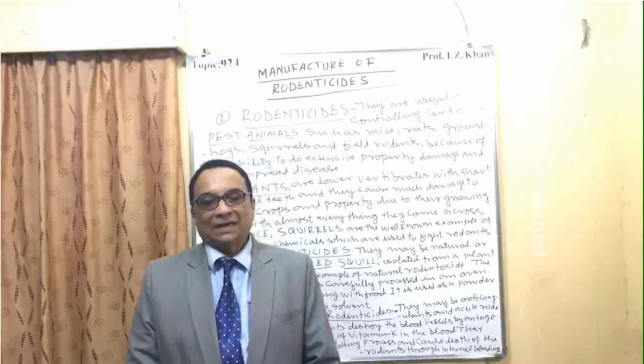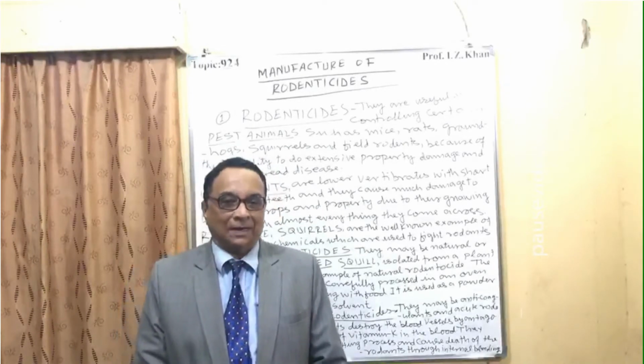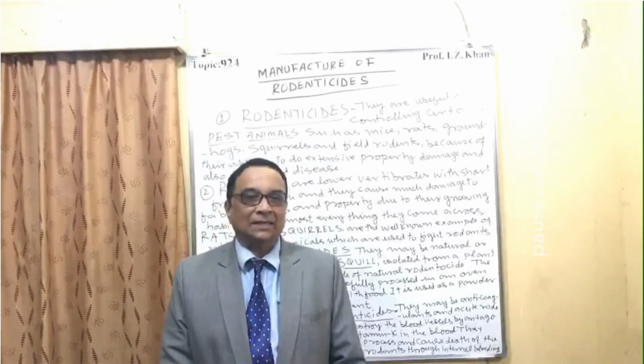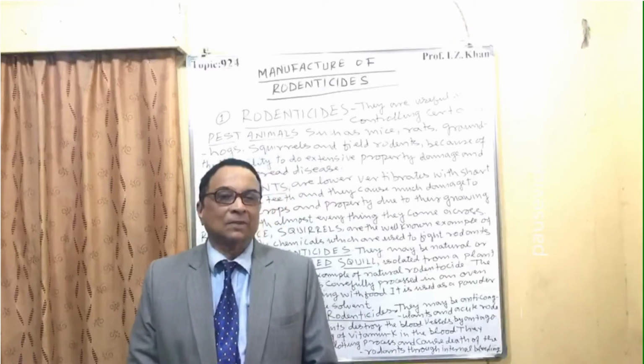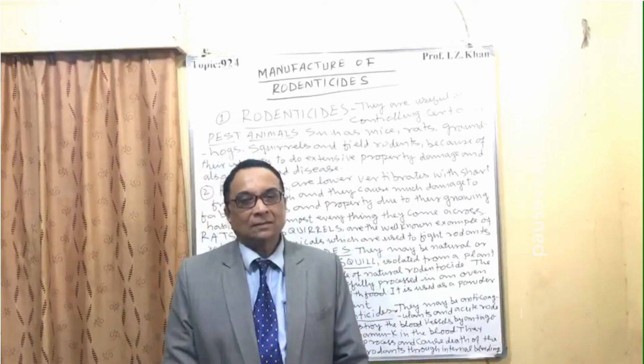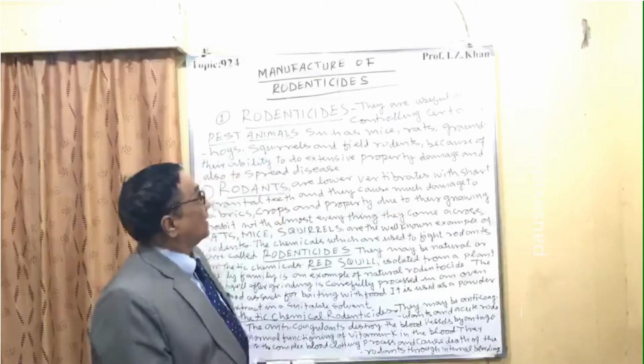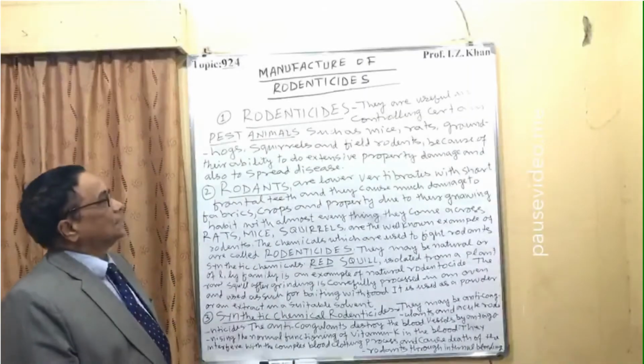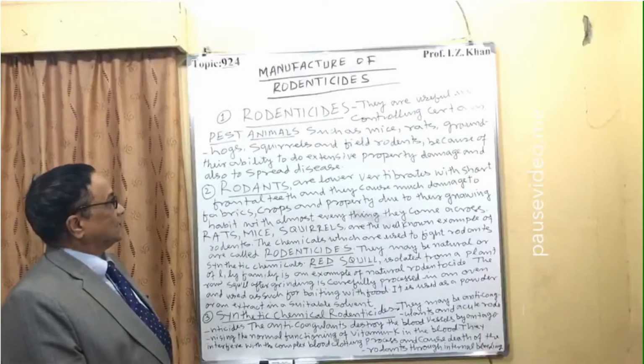rodenticides are the chemicals which are capable of killing the rodents, and these rodents are nothing but lower vertebrate animals. Number one, rodenticides are useful in controlling certain pest animals.